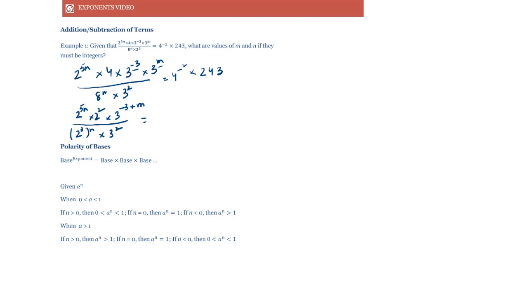So this becomes 2 to the power 5n plus 2. Here the bases of 2 are common, so the exponents will get added. So 2 to the power 5n plus 2 into, now here we have 3 to the power some exponent upon 3 square. So 3 to the power a upon 3 to the power b is 3 to the power a minus b. The exponents get subtracted.